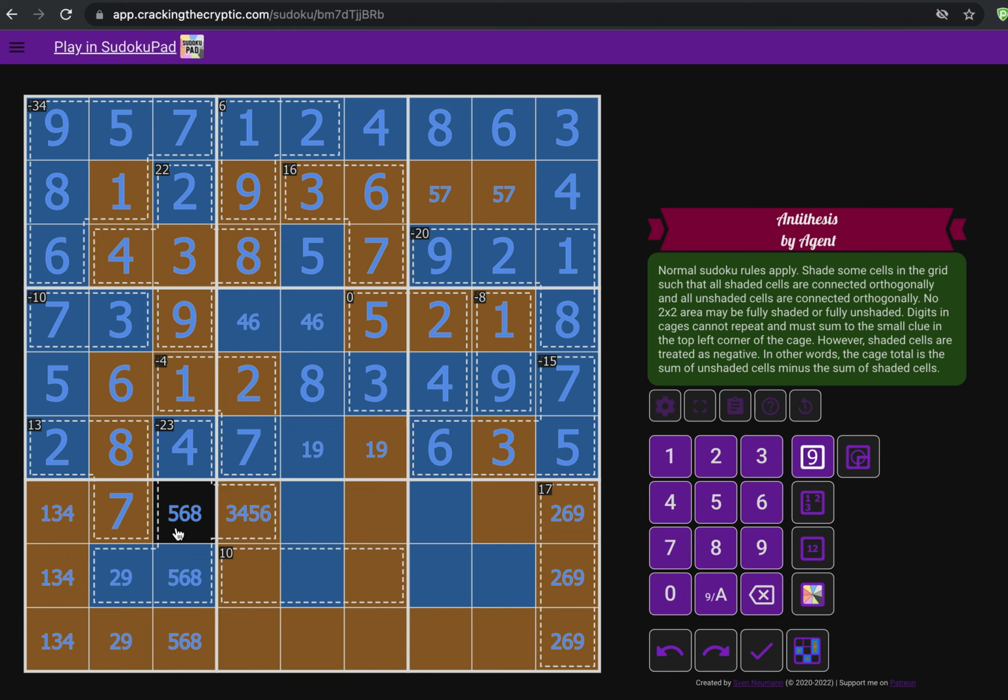And this, therefore, has to be blue to connect the blues. Fantastic. We have yin-yanged our puzzle into 2 orthogonally connected regions. And now I think it should be plain sailing. Famous last words.